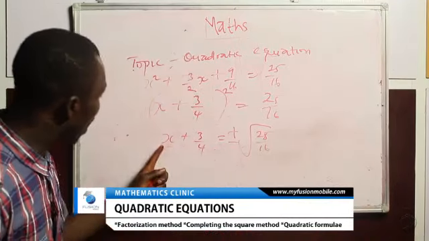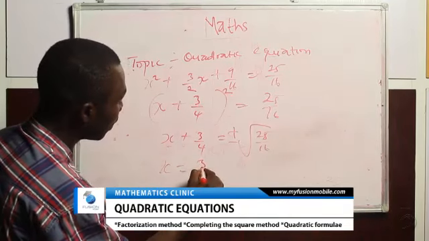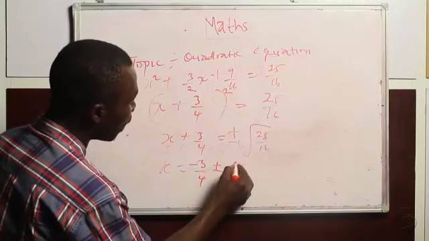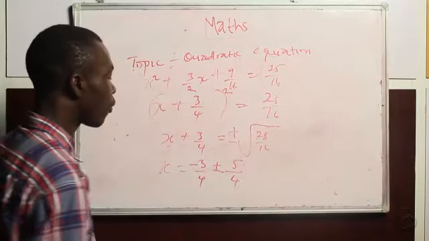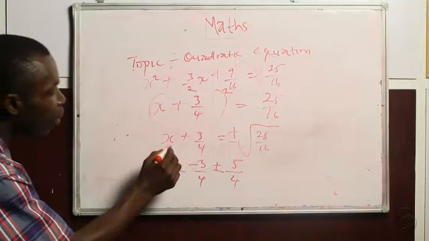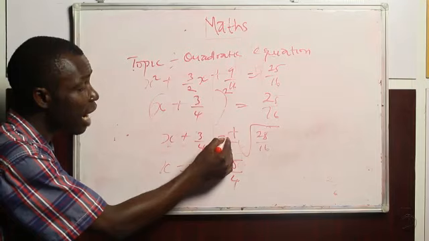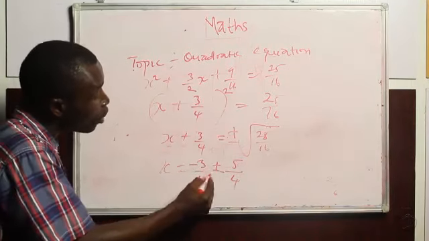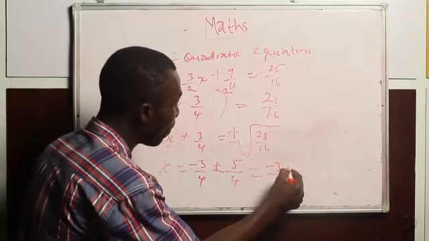Now, x is equal to minus 3 over 4 plus or minus root of 25, which is 5, over root of 16, which is 4. How do we find this minus 3? Because 3 over 4 will cross the equality sign and meet plus or minus, and it has turned to minus 3 over 4 plus or minus 5 over 4.